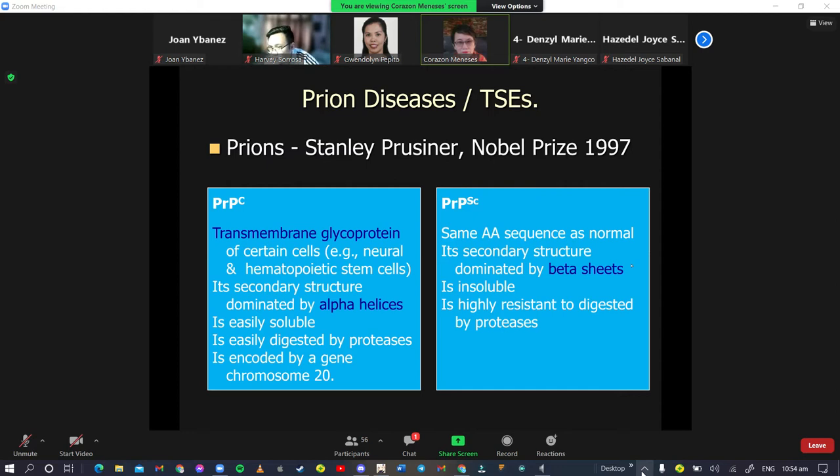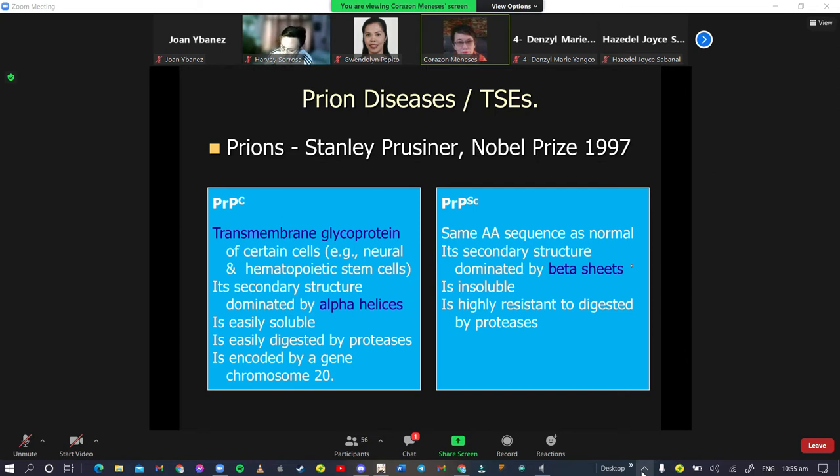Okay, and what is the culprit? It is just a change in the secondary structure of the protein. Normally the cellular prion protein is dominated by alpha helices as its secondary structure. It is easily soluble because it is globular and can be digested.